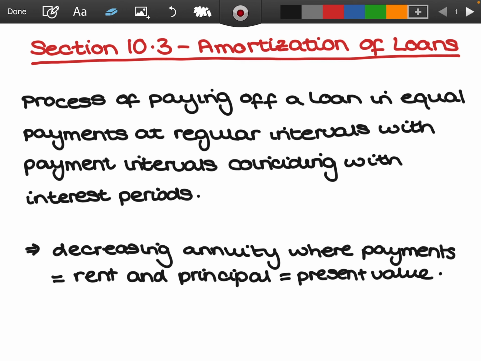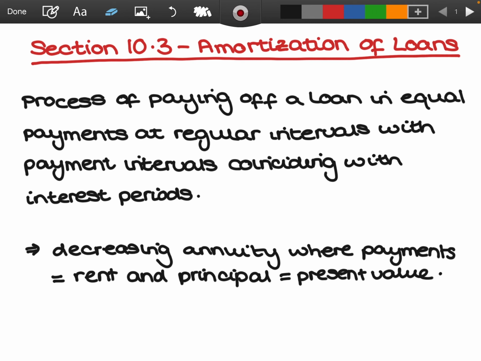It's basically going to be a fancy decreasing annuity. Okay, we're going to be using the exact same formulas because if you think about it, you are given a lump sum at the beginning from a bank. Okay, so you have this lump sum that you are then paying down to zero.